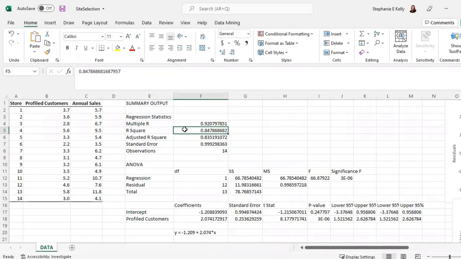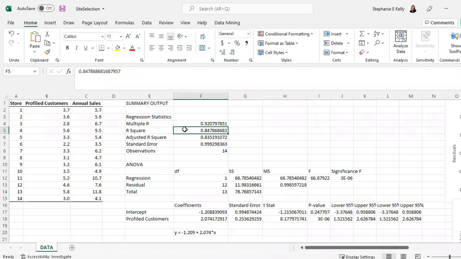What we read here tells us that roughly 85% of all of the variance in sales is accounted for by the profile of the customers. That's quite a bit. That means that only 15% of the behavior of the sales is unaccounted for in this one variable alone.